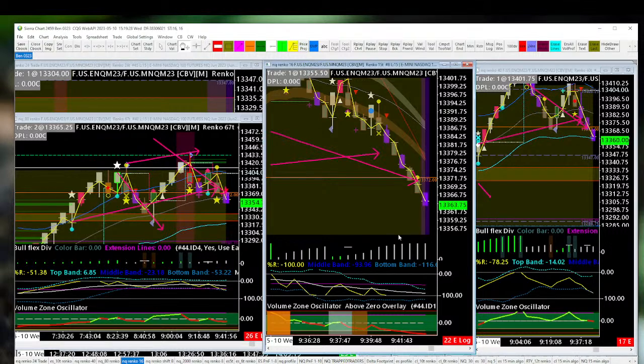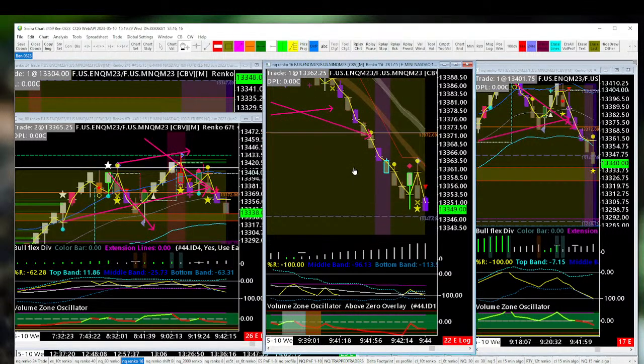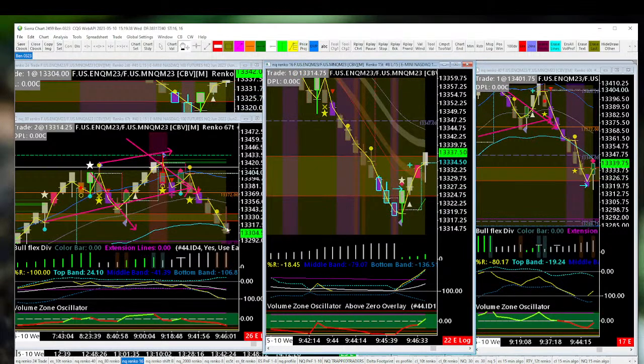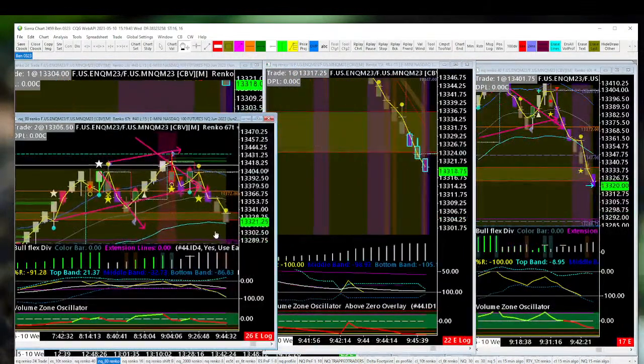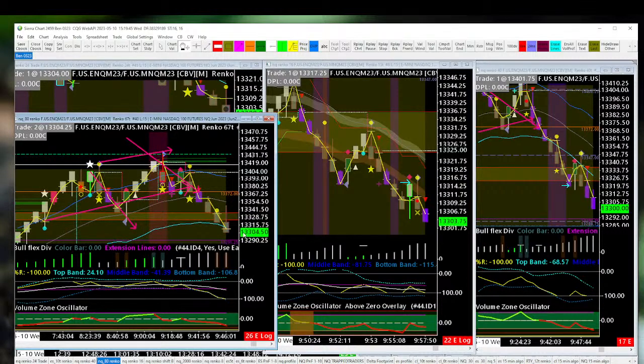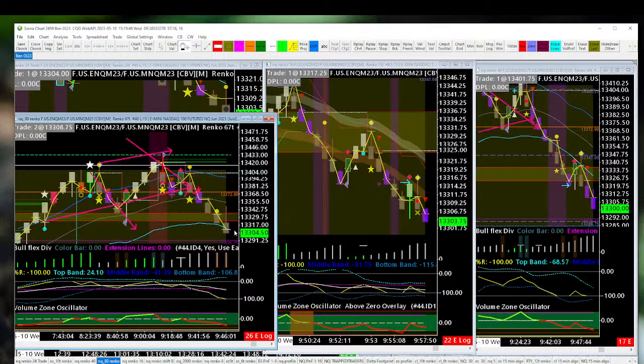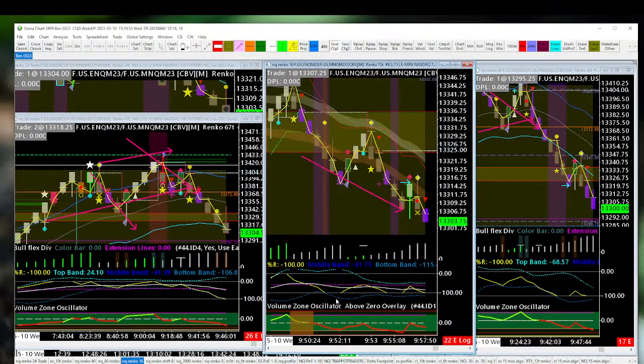So the entry's the same, but rather than having a target of what was this 38, rather than having your target here, you'd have your target at the channel low, which is 304.10, let's say. So you'd get out here.